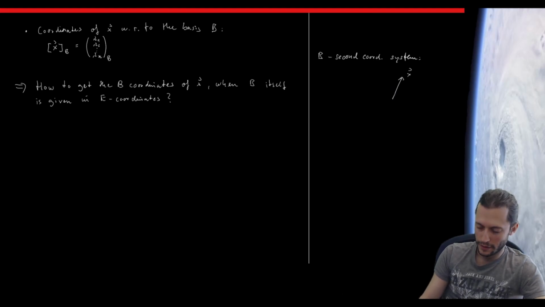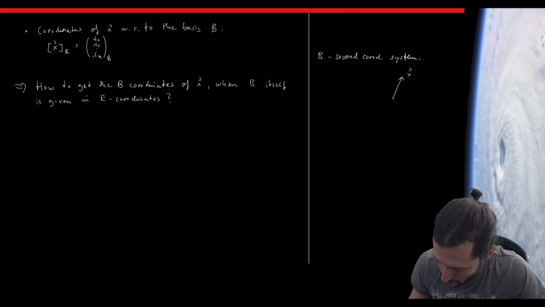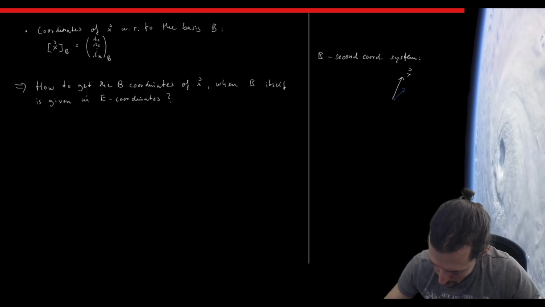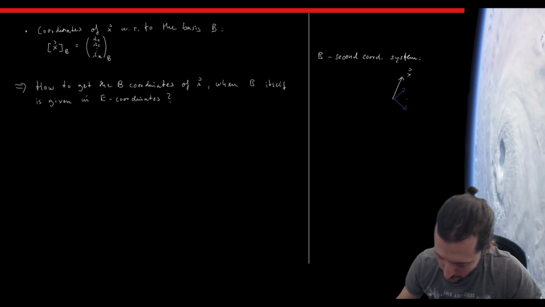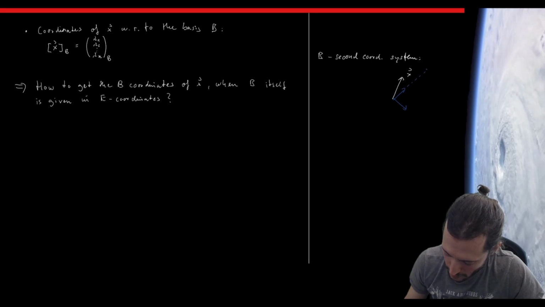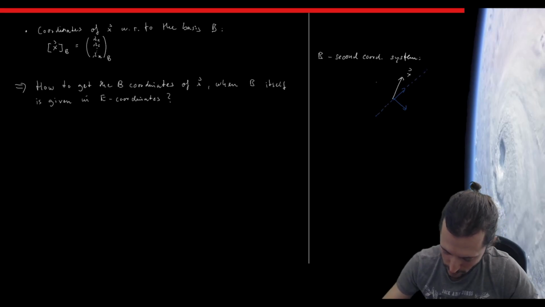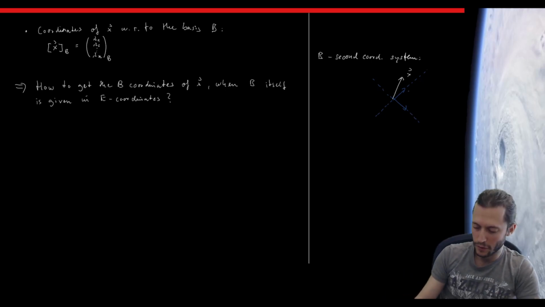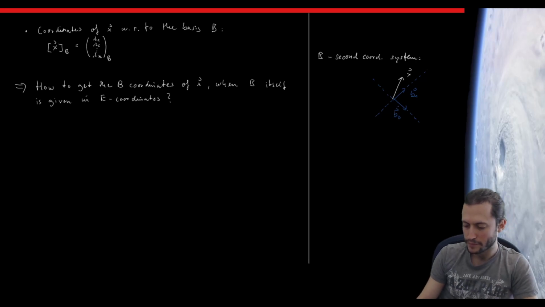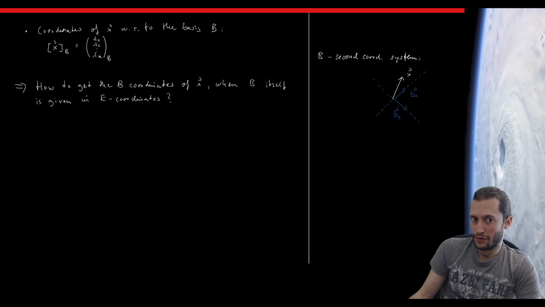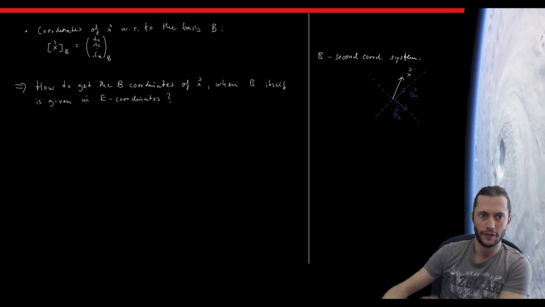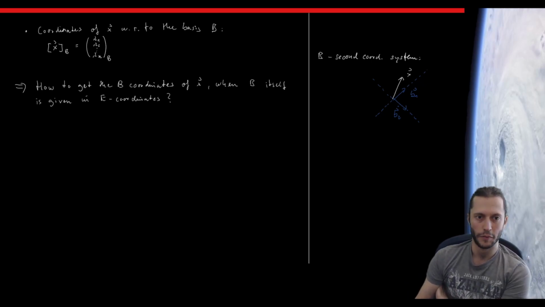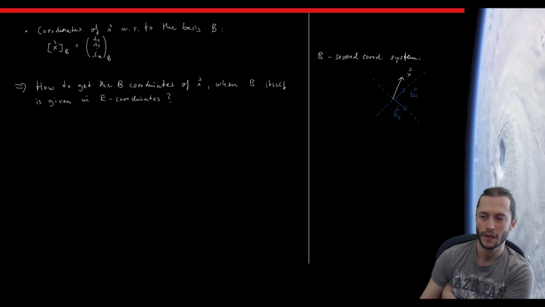But now let me choose this coordinate system. And the full blue arrows are the new basis vectors, b1, b2. This is a different basis of R2. It doesn't even have to be orthogonal, but we just do it here for simplicity.